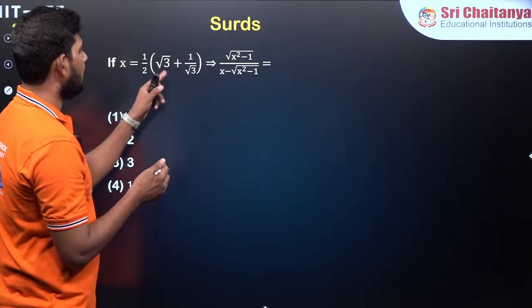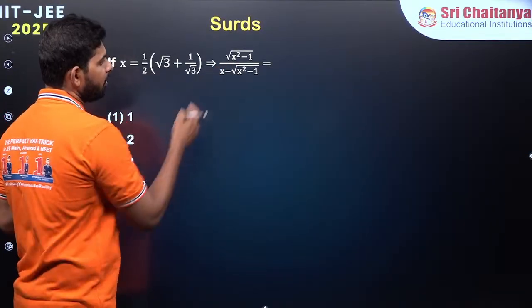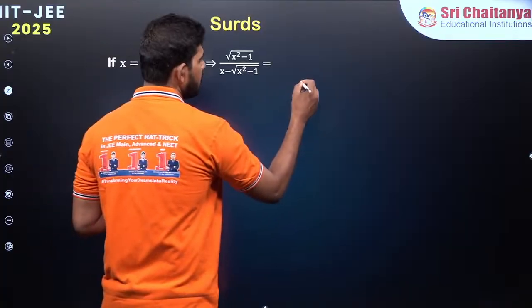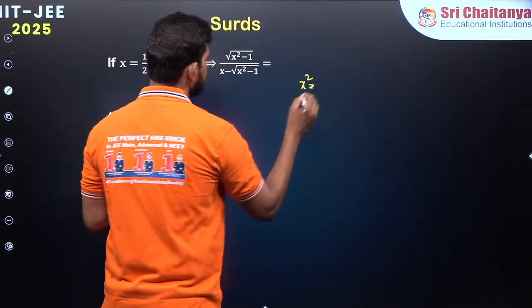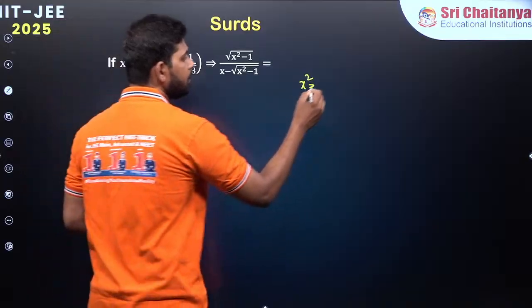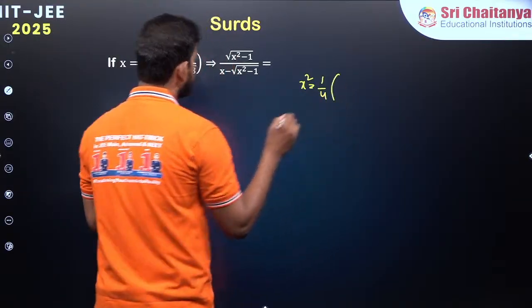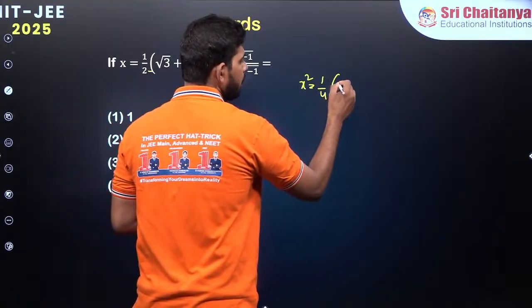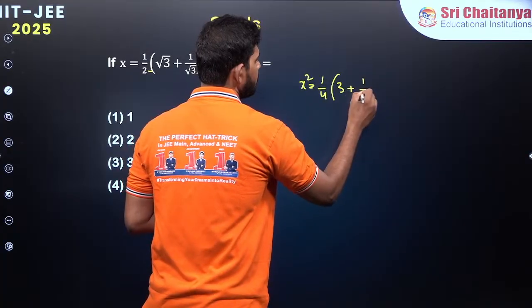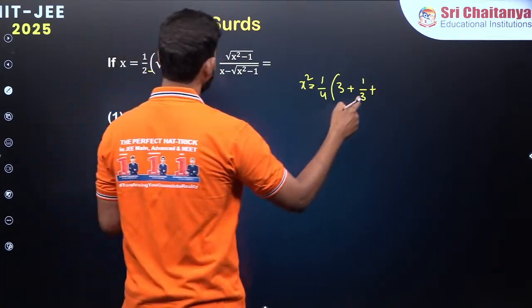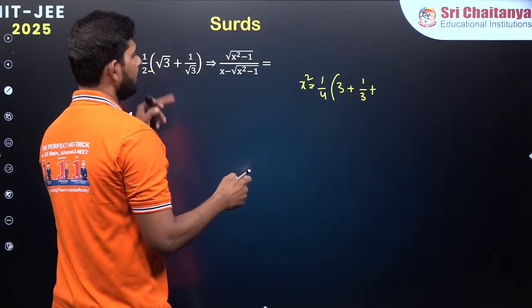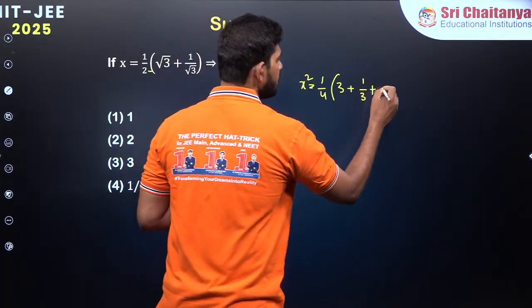X is equals to half into, you are having this, but we need to find x square minus 1 also. For that, I am going to take x square. X square is equals to 1 by 2 whole square, giving us 1 by 4. And square of this one, root 3 square is 3, 3 plus 1 by 3 plus, now you are going to take 2ab, that is giving us what?